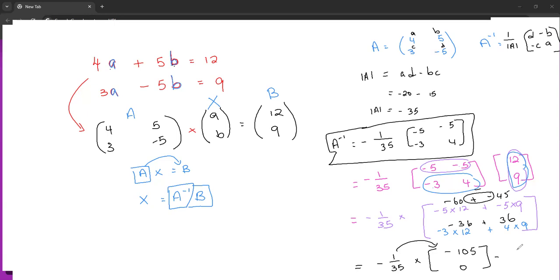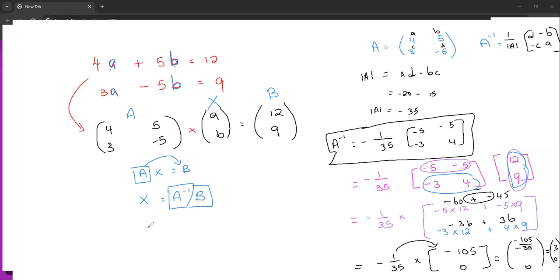So this becomes, on top would be negative 105 over negative 35. Because when I multiply this by this, I'll get 105 over 35. And anything multiplied by 0 is 0. So this becomes 105 divided by 35. That becomes positive 3. And then you have 0 below.